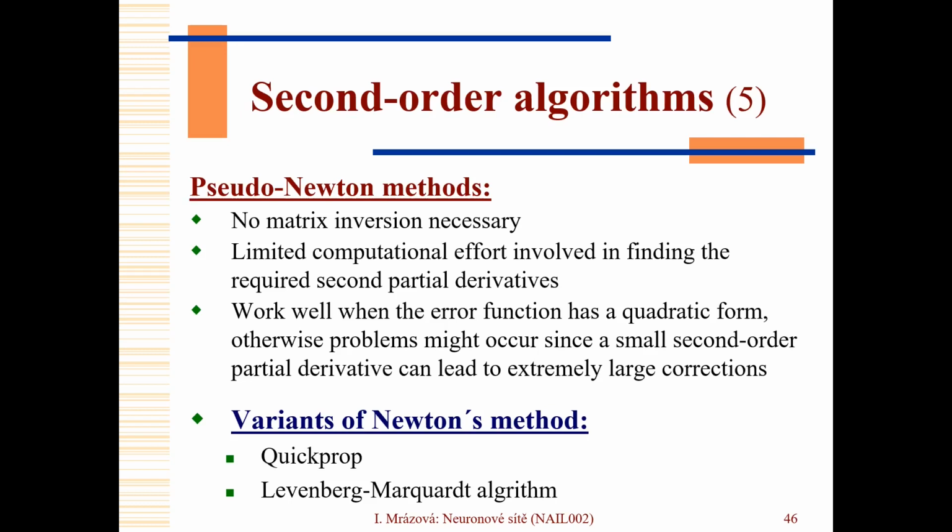Both of them contain a kind of further simplification, not just dealing with the second order derivatives for each particular weight separately, and may also contain some iterative correction form in order to avoid problems that would take place when the assumption of the quadratic form of the error function was wrong.